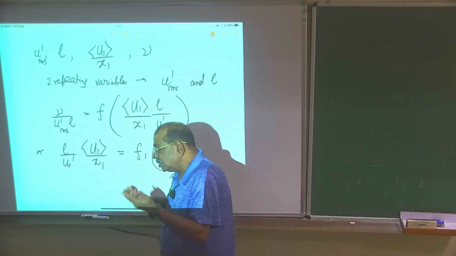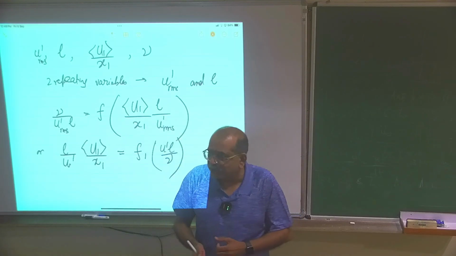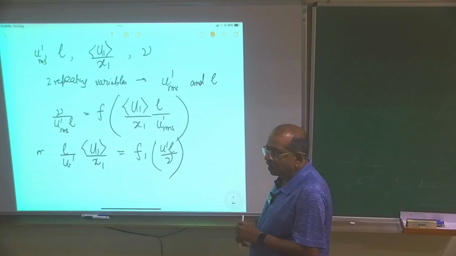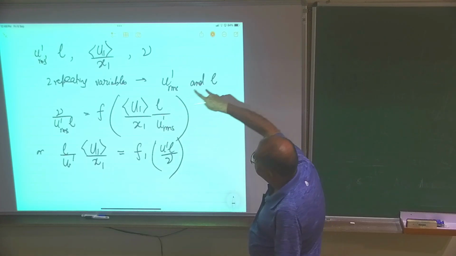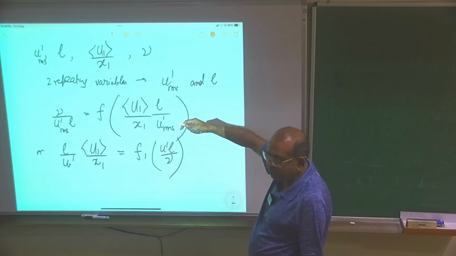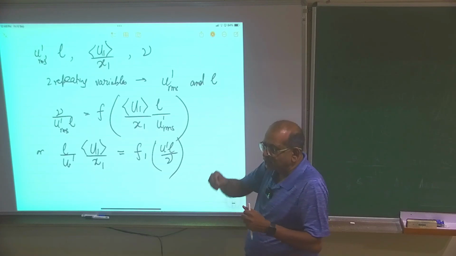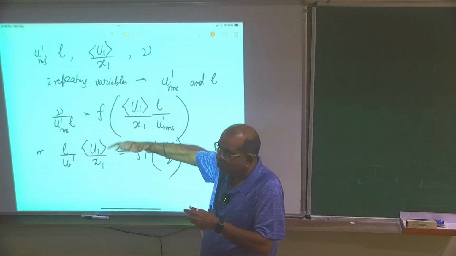This is, in fact, this comes from what is called the Buckingham Pi theorem. There's a Buckingham Pi theorem: non-dimensional parameters expressed in this function, that some variable 1 is a function of n minus 1 variables, total n variables.